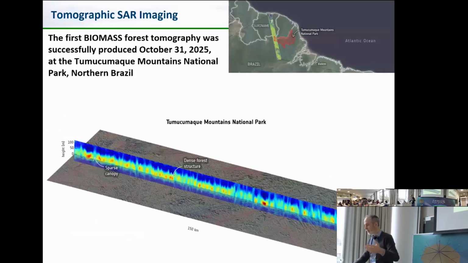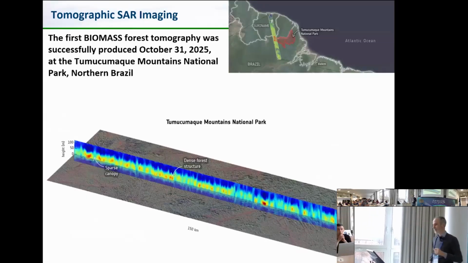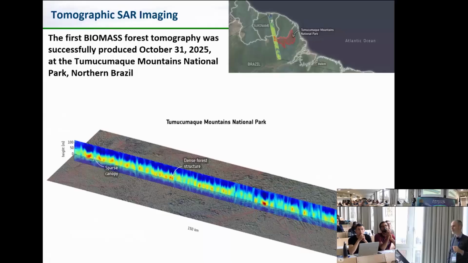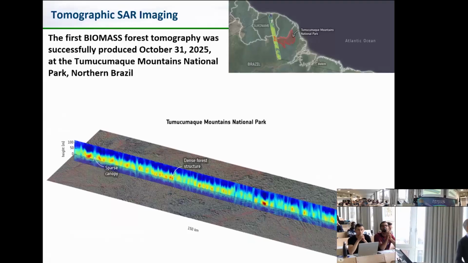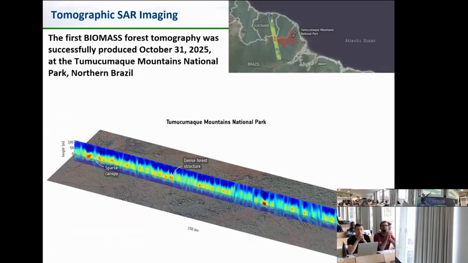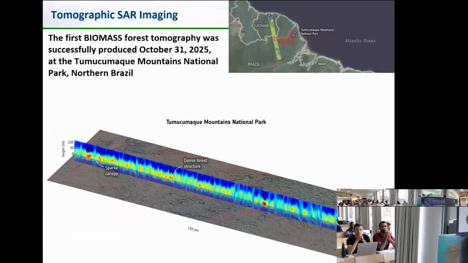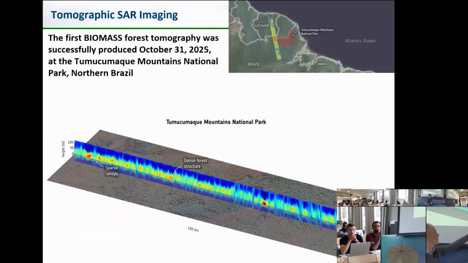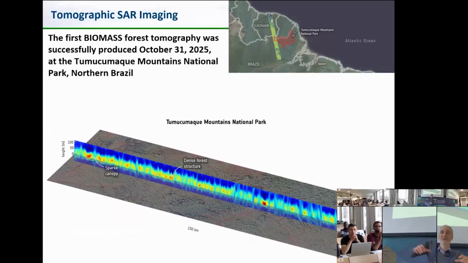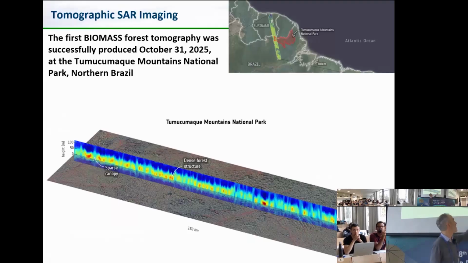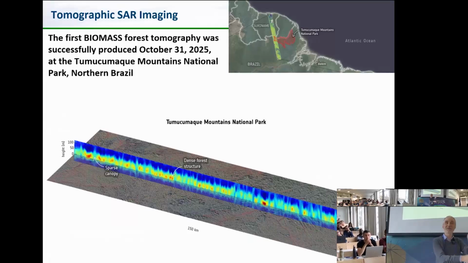And this is the first example that was produced at the end of last year to show you how tomography looks like. Here we have the Tumucumaque Mountains National Park in northern Brazil. What you have here is a biomass image, and you see that we try to convey this sense of three-dimensionality by putting here a vertical section.